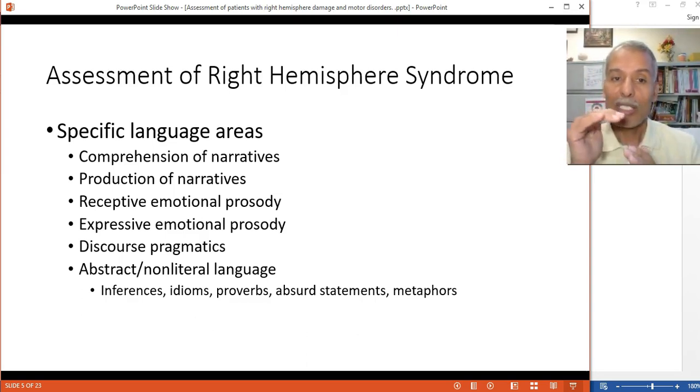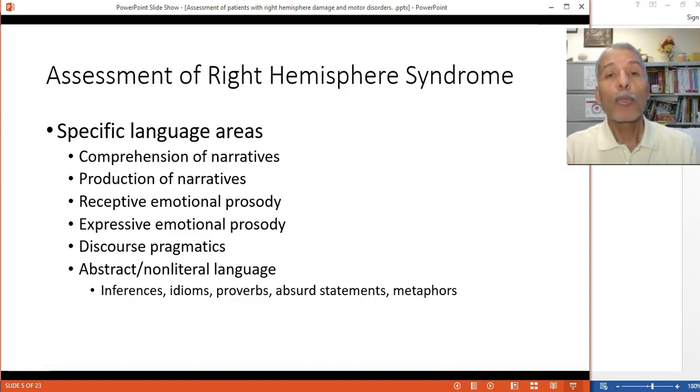You need to sequence it so that you anticipate people's questions and you construct it so that when you finish it, people get the ideas without having a need to ask a question. Remember, the need to ask a question means that there is a gap in the information that you are getting. And the more gaps there are, the more questions that you would expect. So the first two things have to do with the ability to produce narratives and comprehend narratives.